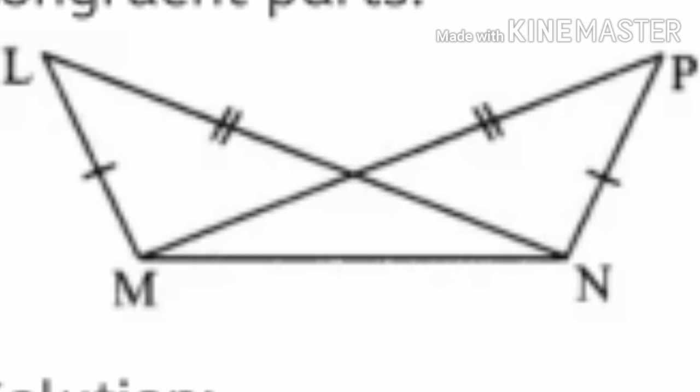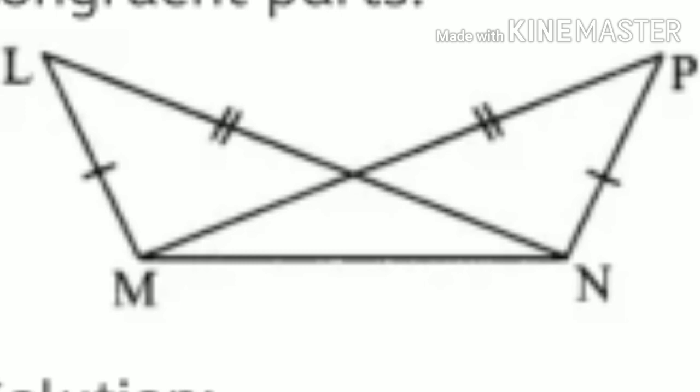Okay. Two corresponding sides are already given to you congruent. Side LN is congruent to side PM and side LM is congruent to side PN is given. Now observe carefully the diagram. If you observe, you find side MN is a common side between two triangles.